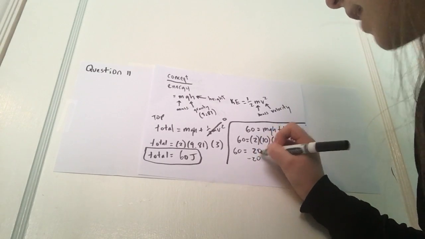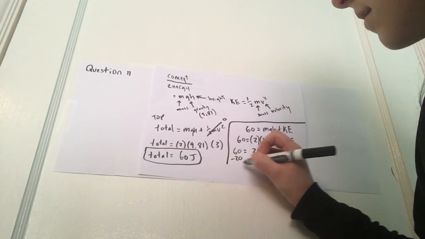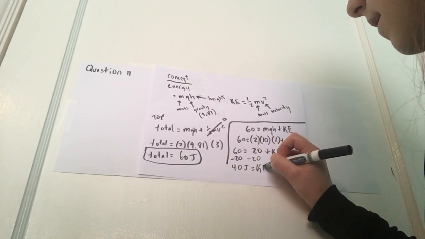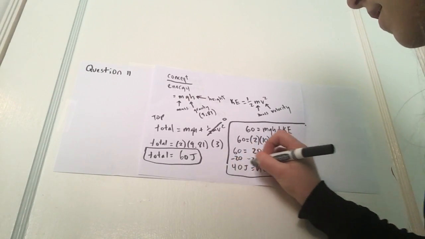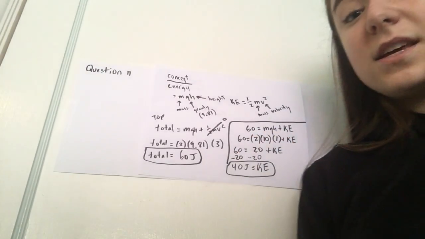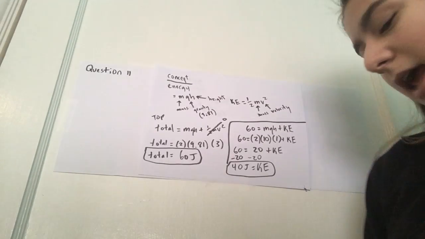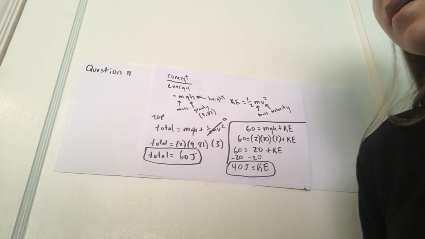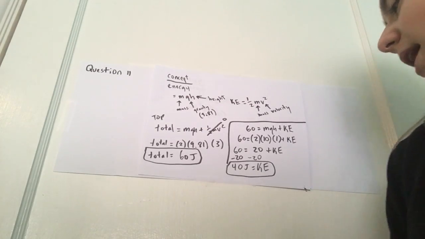Then if I subtract 20 from both sides, I get 40 joules equals KE. So that is the total amount of kinetic energy at 1 meter above where we are dropping it from.